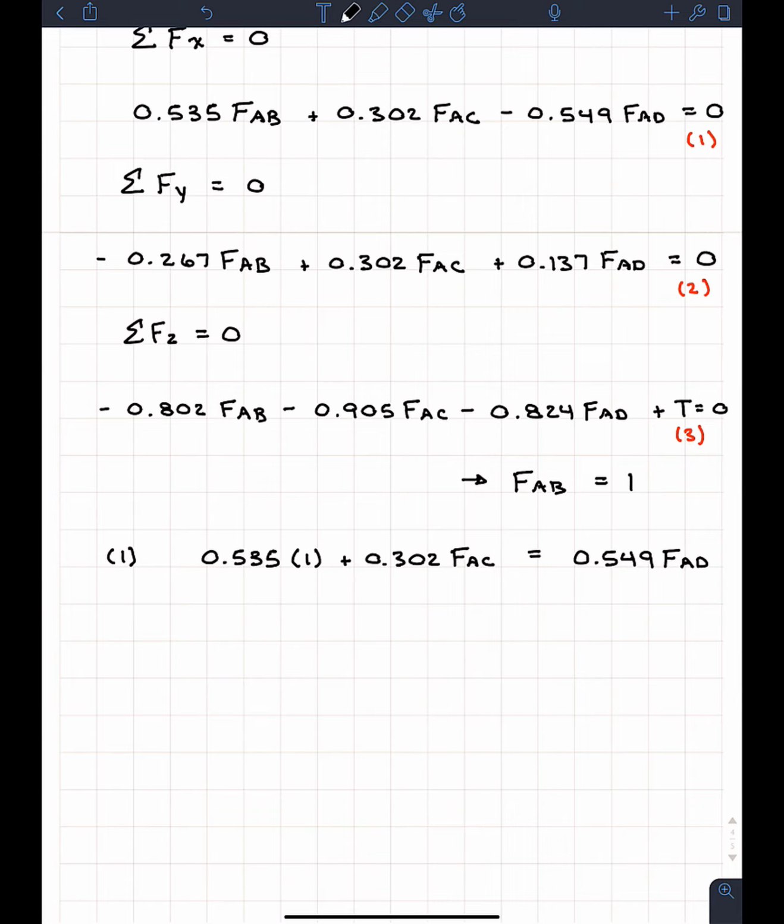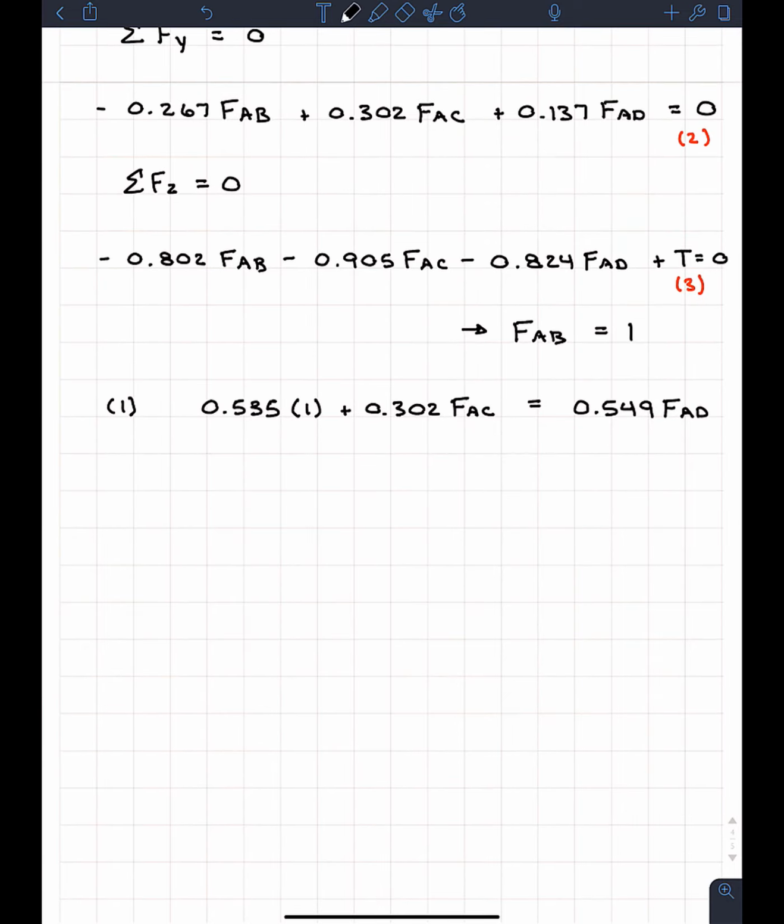This is nice because now I can get one variable as a function of the other. Let's solve for FAD, because all I have to do is divide both sides by 0.549. What I get is FAD is equal to 0.974, which is just 0.535 divided by 0.549, plus 0.550 times FAC.